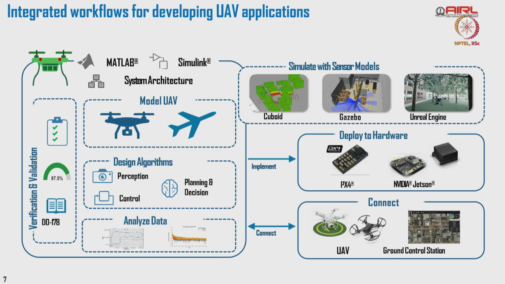I'm trying to give an integrated workflow. What we saw is an overview, right? Now let's see for a typical application how the integrated workflow for developing a UAV application comes into the picture, right? I have a drone, we modeled it with 6 degree of freedom equations, we modeled the sensors too. Once we have all of this, we also talked about flight control architecture, right? That's where we talk about system architecture.